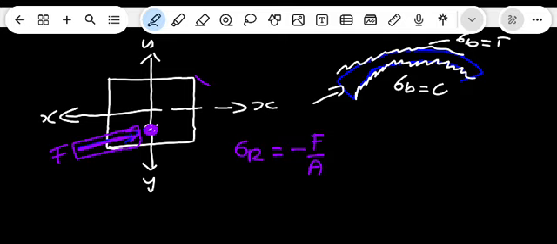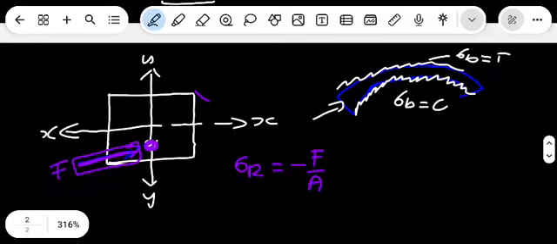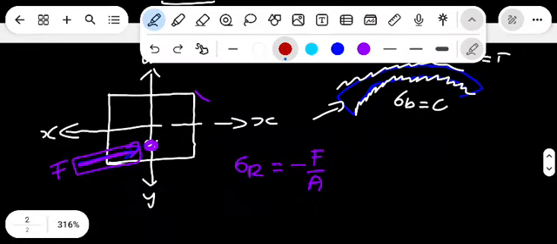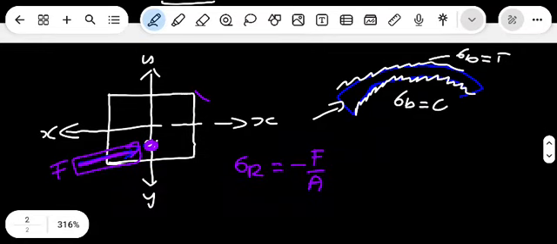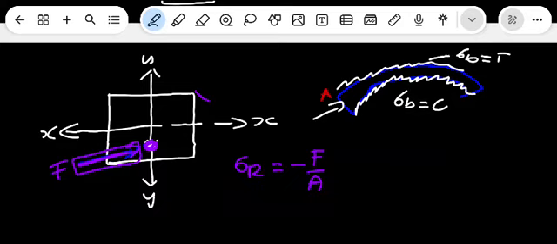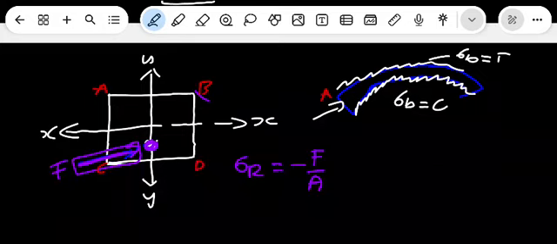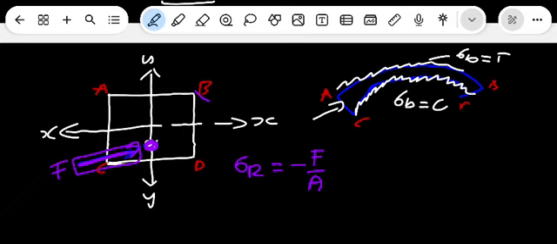It will depend on which portion we want the resultant for. I can call this point A, then B, C, D, and here B, C, D.